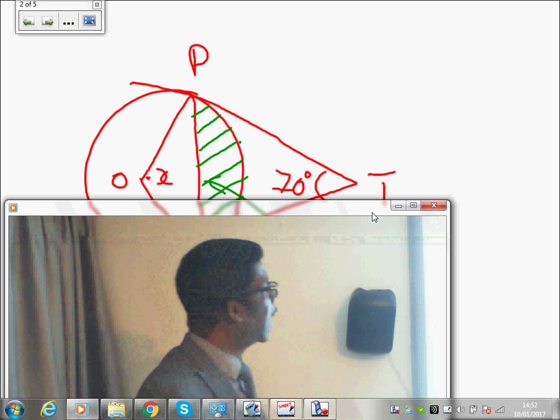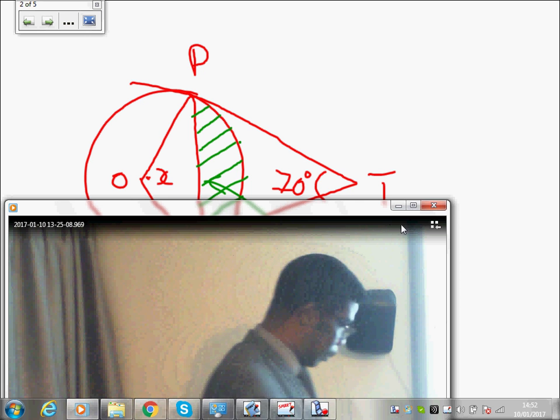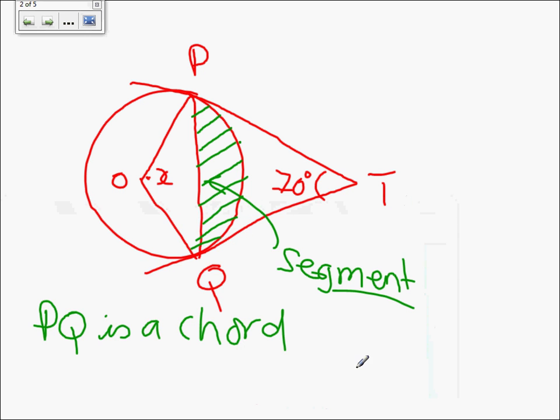Let's see if we can identify more, and try to recap the previous section to further strengthen your learning. It's just a matter of identifying. POQ is a sector. I beg your pardon, POQ is a sector.